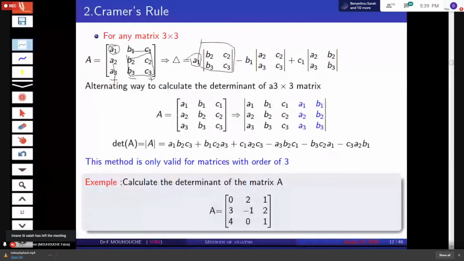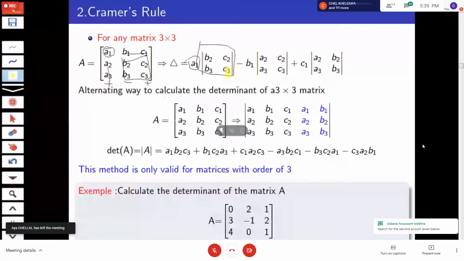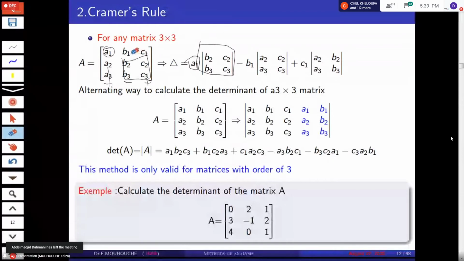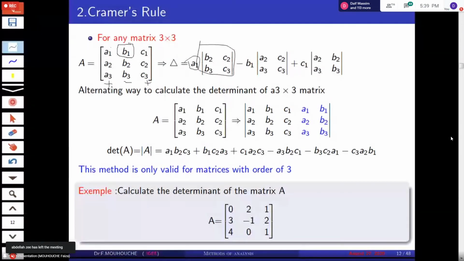So here we have I1 multiplied by this matrix of the second order, B2, C2, B3, C3. For the second, select B1 as the coefficient and eliminate its row and column.